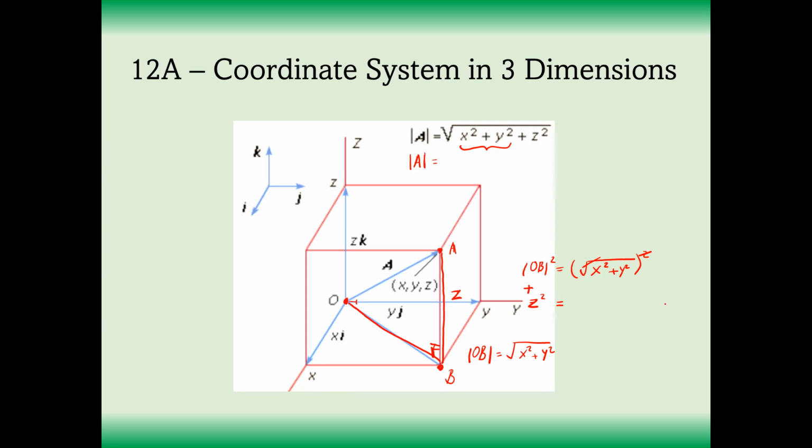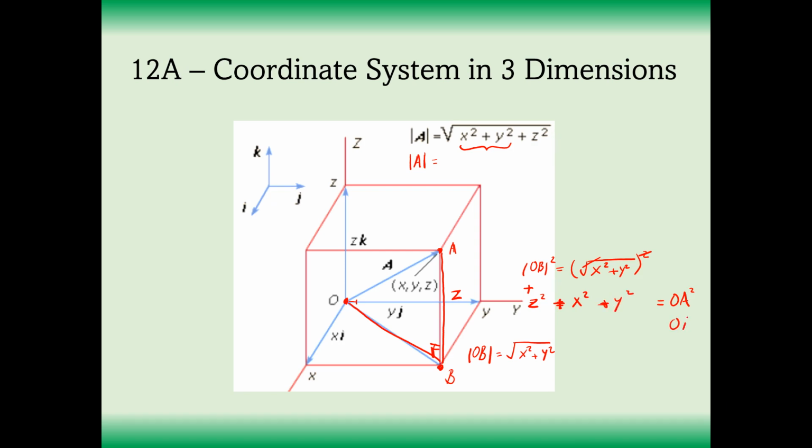Now, the OA here is going to be squared. That's going to give us the square of OA. Therefore, we have x squared plus y squared plus z squared to be OA squared.